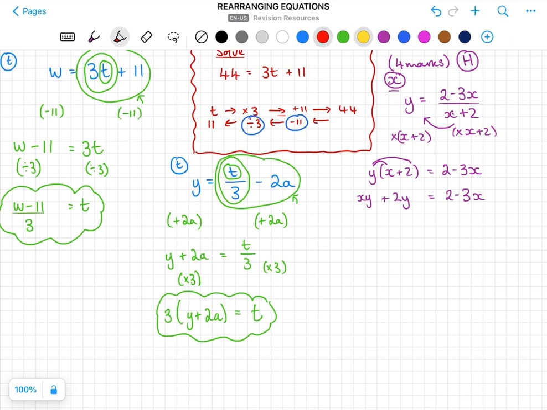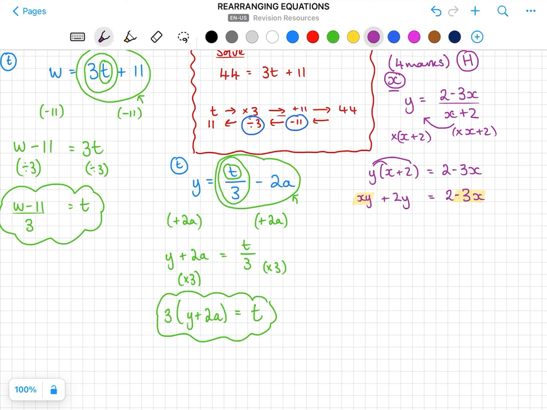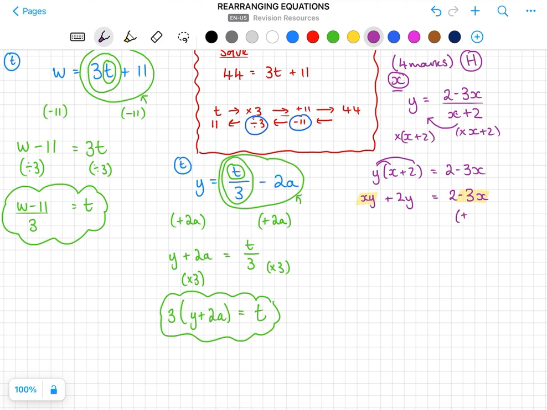Now next, the aim is to get anything with an x on the same side of the equals, anything that doesn't have an x on the other side. So let's begin by adding 3x to both sides of the equation. That's xy plus 2y plus 3x equals 2.